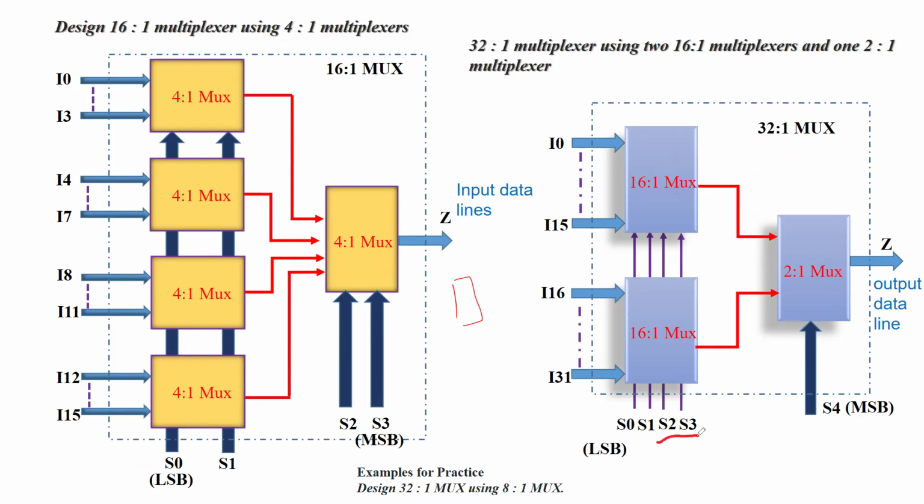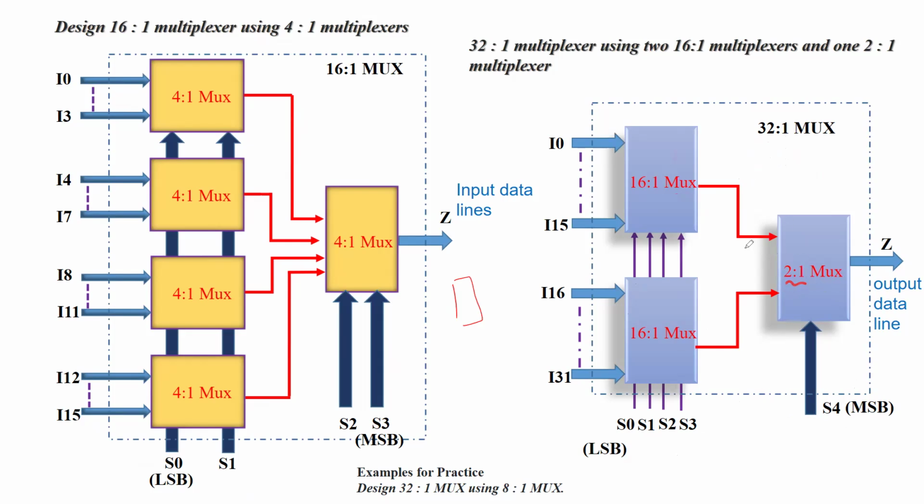So 4 select lines are already there, and you have got another select line. Together, they are making 5 select lines. So this S4 is basically the select line of this 2:1 MUX, which is a single select line.